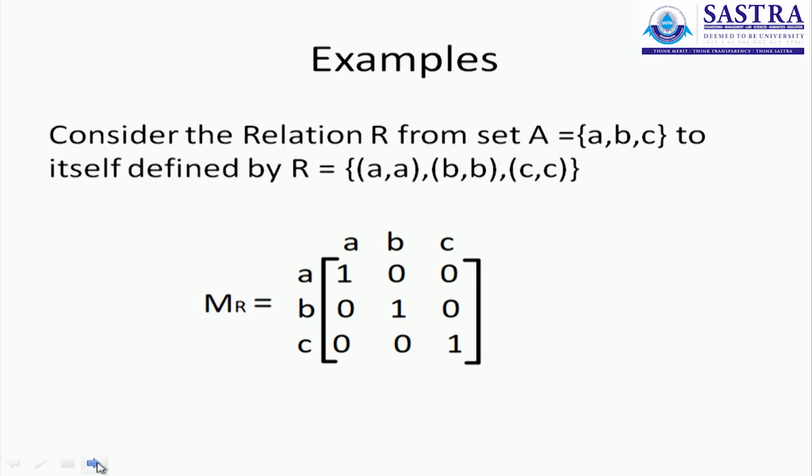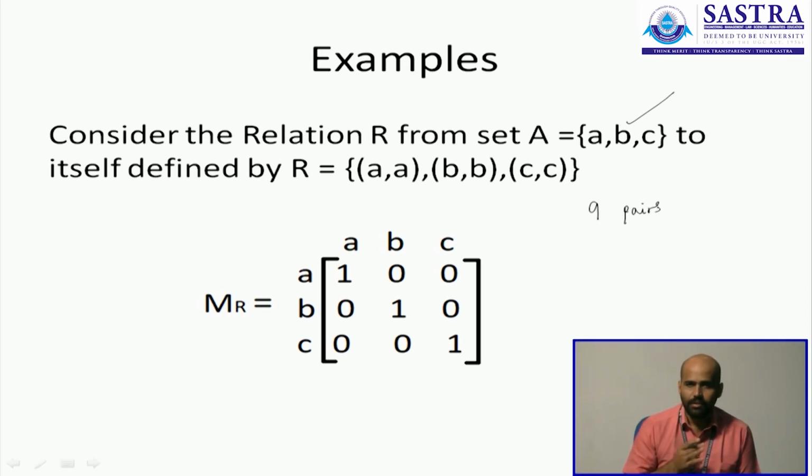Consider the set A, B, C. I am just defining a very simple relation containing only 3 pairs AA, BB and CC, and that is why you have this matrix. Since it is a set of 3 elements, there are in all 9 pairs possible: AA, AB, AC, BA, BB, BC, CA, CB and CC.